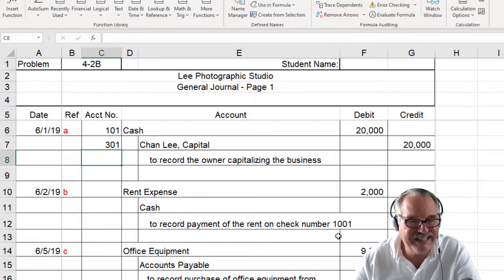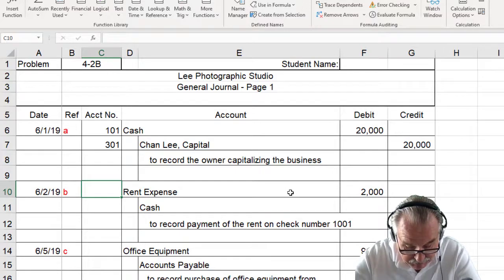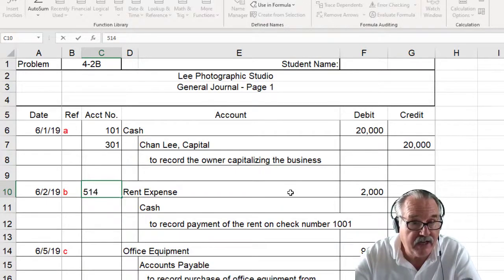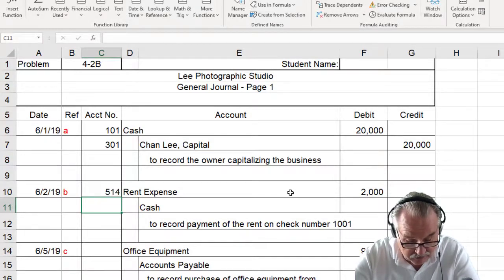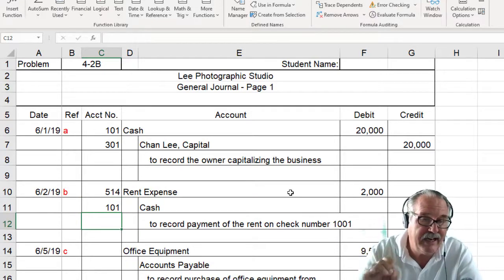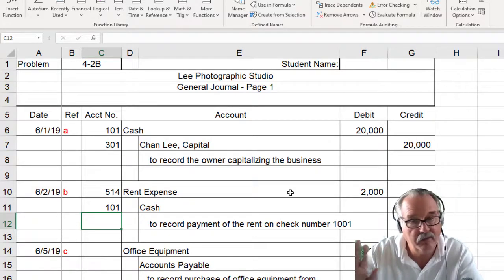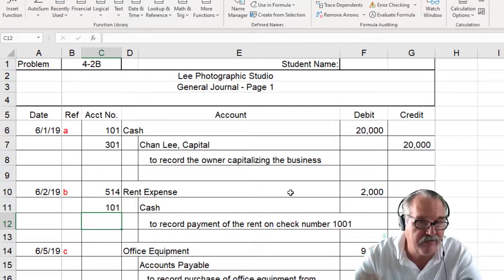Okay, so if I continue on and make these journal entries, I've got to go back and post the account numbers: rent expense is account 514 and the cash account is 101. So this is a way that I know that I have posted these things to the general ledger. So we have what's called a cross-reference.